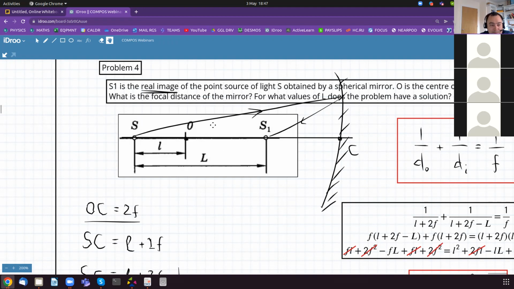Well, arguably you could, you know that this is the reflection and this is a normal line. So you could use the fact that this angle is equal to this angle, but then you don't know the distance. You don't know where this point is. So that's not very useful.